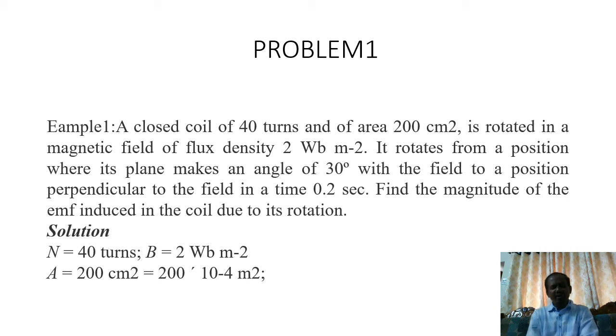So, note the given values first. N is 40 turns, B is 2 Weber per meter square, A is equal to 200 into 10 to the power minus 4 meters square.